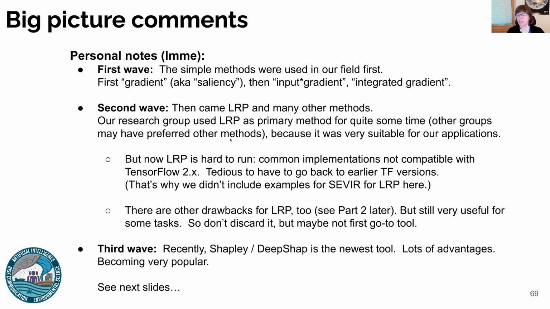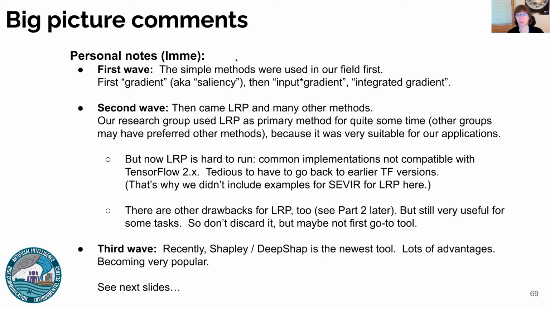Yes, thank you. I entitled this slide Personal Notes because this is more like my experience over the last few years working with this. I wanted to make sure that you don't just get the theory, but also what's been happening in the literature. So the first wave a few years ago was the really simple methods in our field, in environmental science: first gradients, also known as saliency, and input times gradient, and integrated gradient, which is very similar to input times gradient.